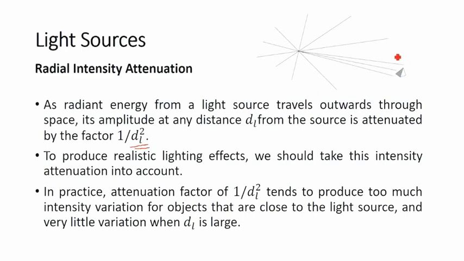Or I will put it this way. Let us say there is an object at this place and there is an object at this place. The variation in the intensity that these two objects receive will be more when compared to this object and say there is an object here, right?